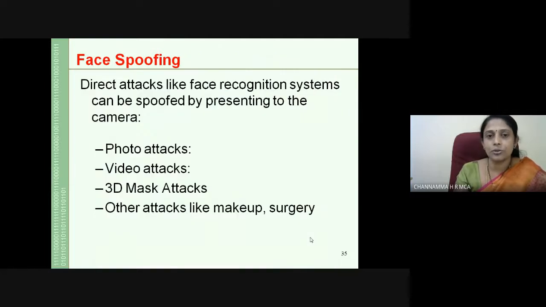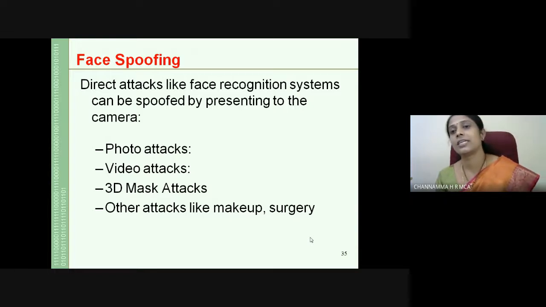I'll just show you how they make the fake identities. In face spoofing, they present a photo, a video, a 3D mask, or any other way to attack the biometric system, and they just use these methods to get the authentication.